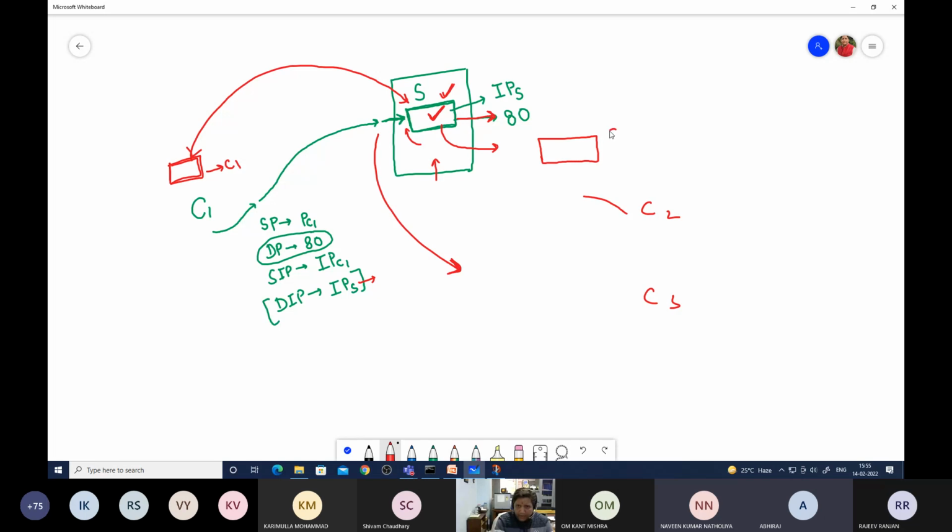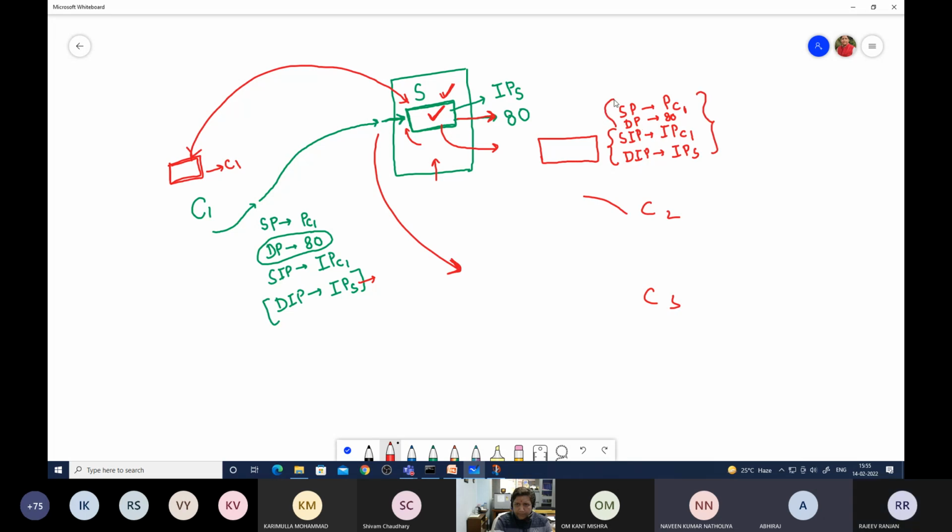And this socket will be identified by a 4 tuple. That 4 tuple is source IP, which is IP C1, destination IP, which is IPS, source port, port of C1, and destination port, obviously 80.